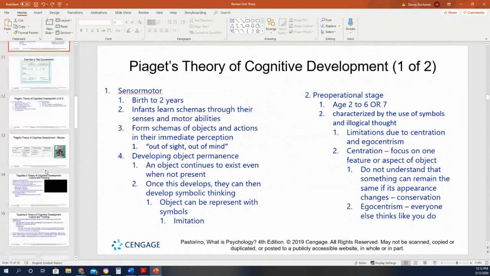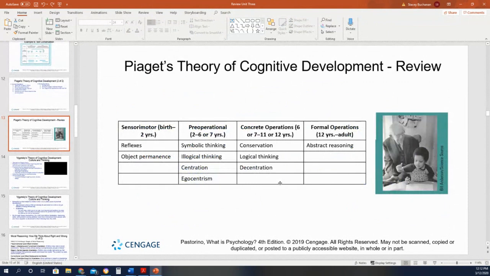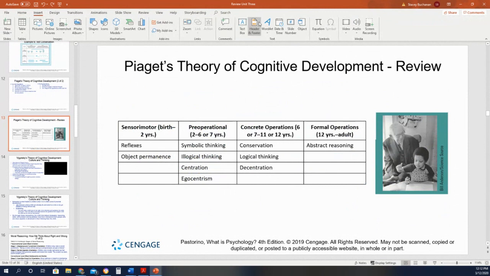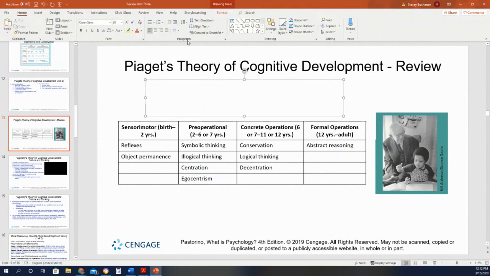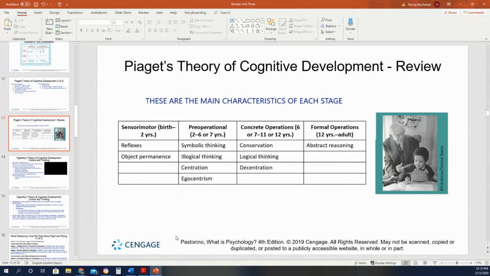Actually, instead of just going through these, let's hit on the main characteristics of each stage, meaning what is developed, what is used. I'm just going to write on this and not save it.